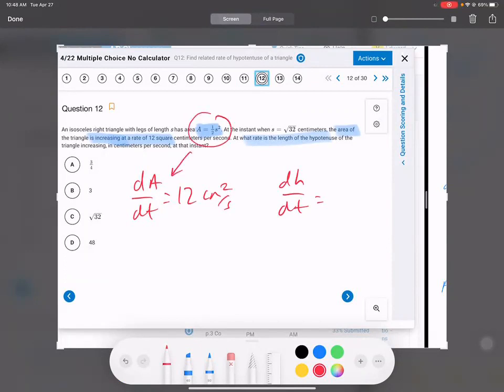But if I take the derivative of this problem, dA over dt is equal to 2 over 2 s ds over dt. Are you guys okay that this would be the derivative from here? Bring down the exponent, so 2 over 2 s, chain rule, ds over dt. But that's not the variable we want. We want dh over dt.